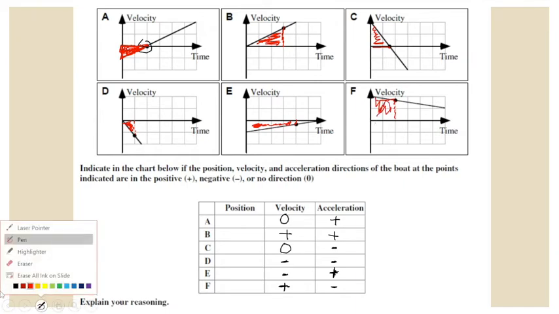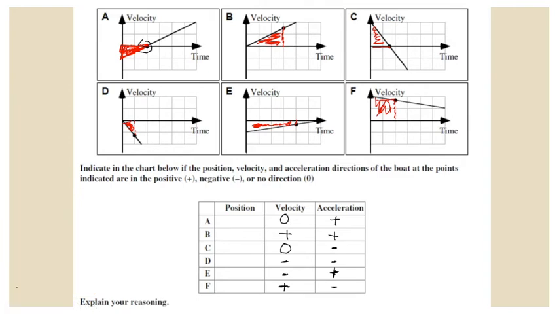Now, let me just be very clear about one point. When I am looking at these graphs and I am looking at that shaded area and trying to figure out whether it's positive or negative, I am not figuring out the sign of the position. I am figuring out the sign of the displacement. But because the objects start at the origin, if the object's displacement is positive, that means its final position is positive.